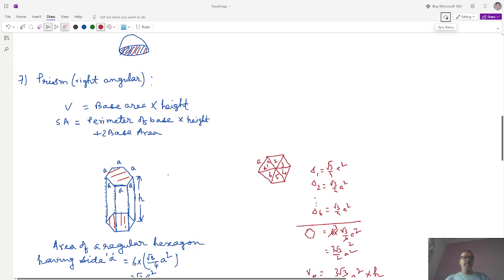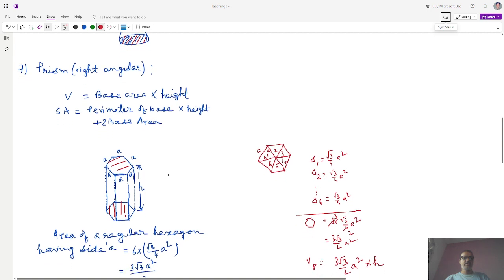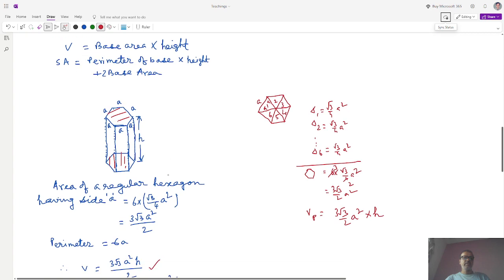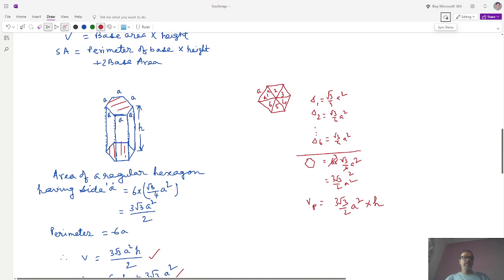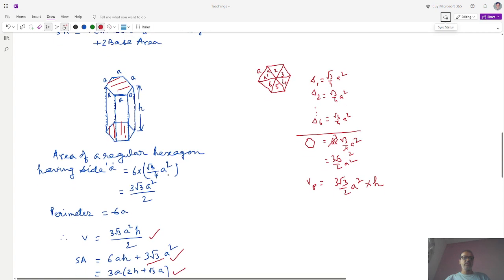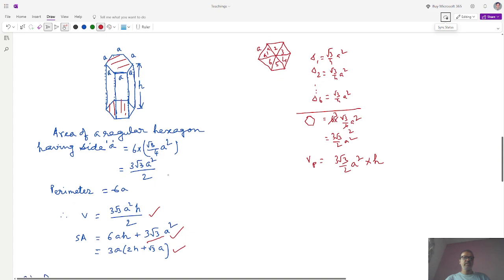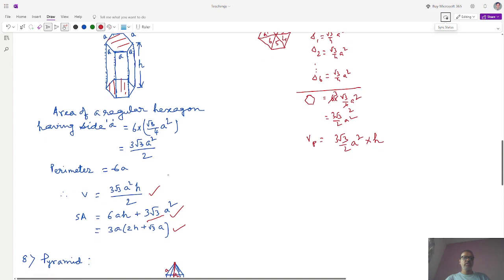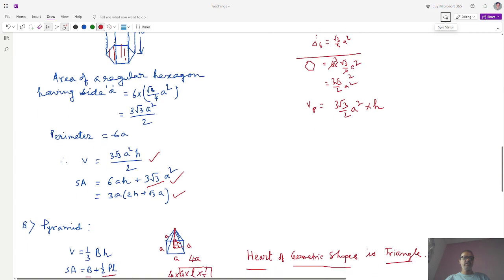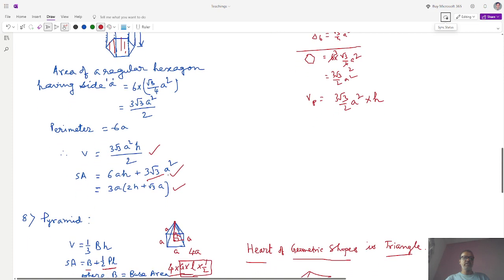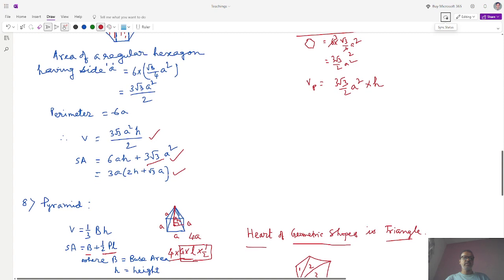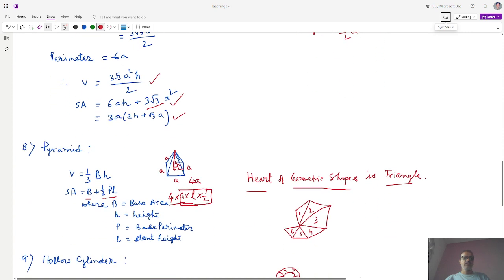According to the base, it is to be calculated, and for hexagonal base, the area of a regular hexagon having side a equals 3√3a²/2, perimeter 6a, therefore volume equals 3√3a²h/2, and surface area equals 6ah + 3√3a², that is equal to 3a(2h + √3a).